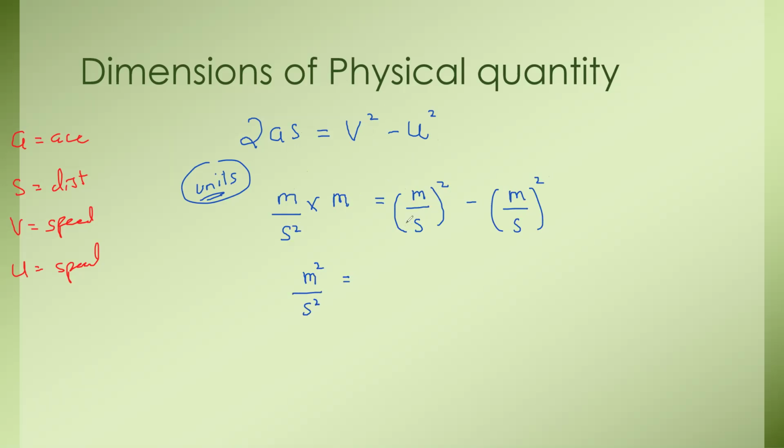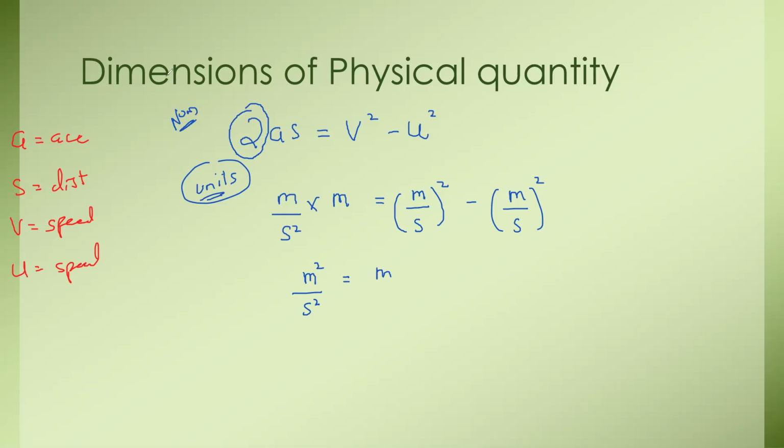We'll simplify first the units. What about 2? Why did we not write anything for 2? Because 2 is a number. This number does not have any unit, it's not representing any physical quantity with a unit. That's why we did not mention anything for this 2.